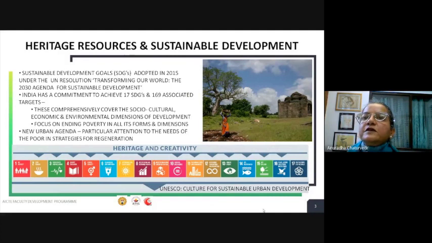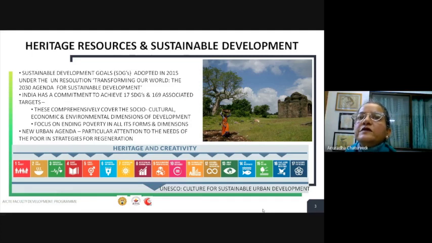The Sustainable Development Goals were adopted in September 2015 under the UN resolution called Transforming Our World, the 2030 Agenda for Sustainable Development.